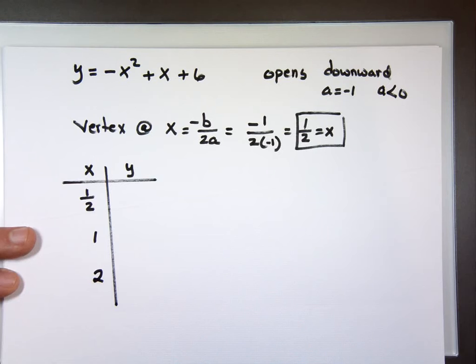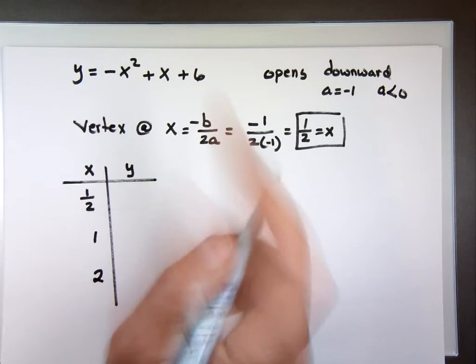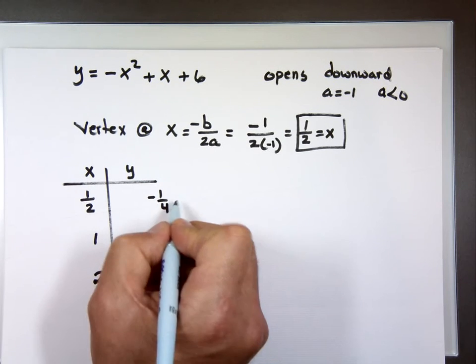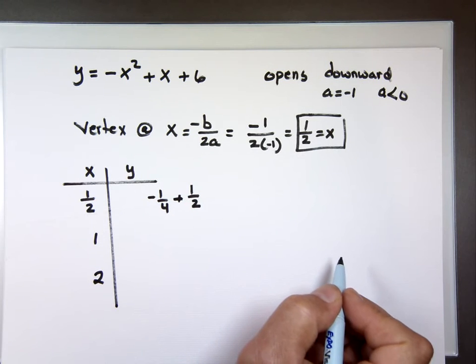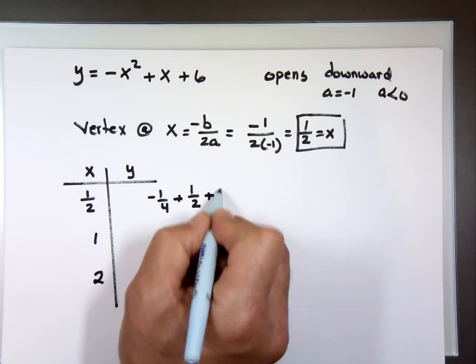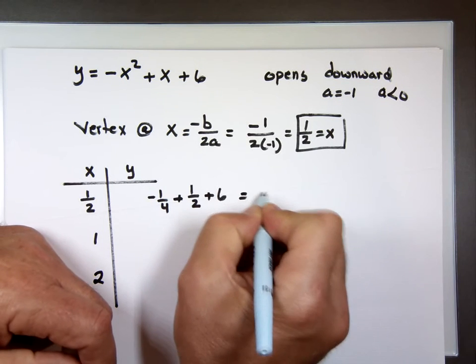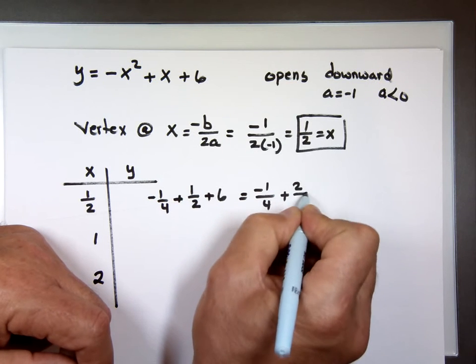When x is 1/2, when you square it, that's what? 1/4 with the minus sign. Plus 1/2 plus the 6. And if you're going to add these, you need to find a common denominator, which is what? A 4? The 1/2 is 2 over 4.